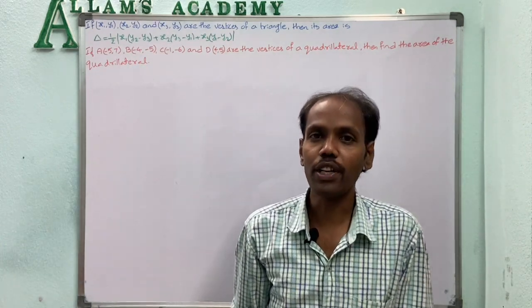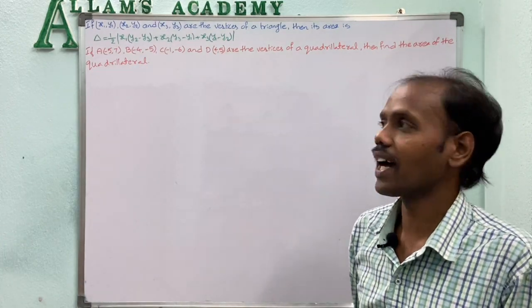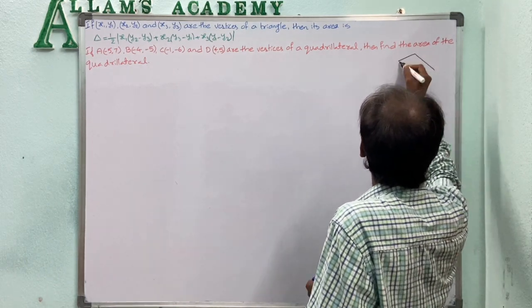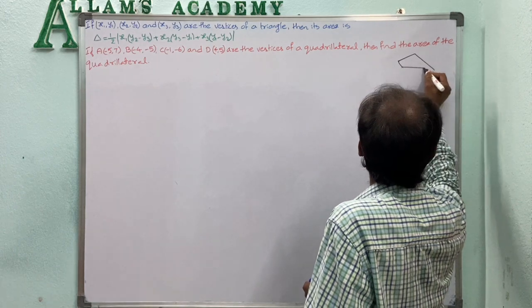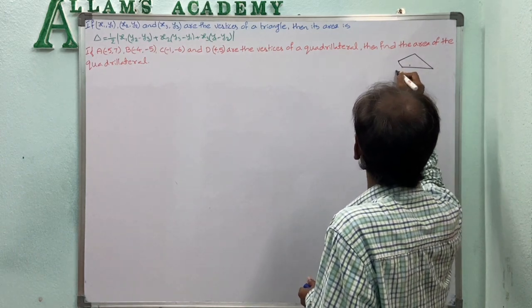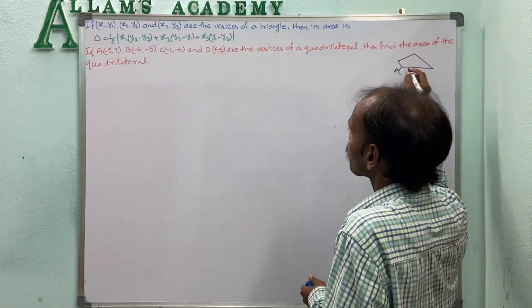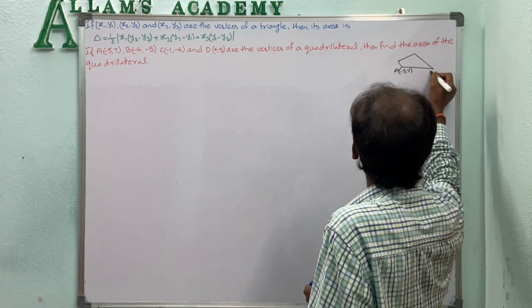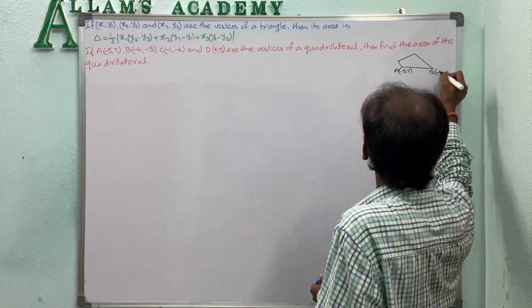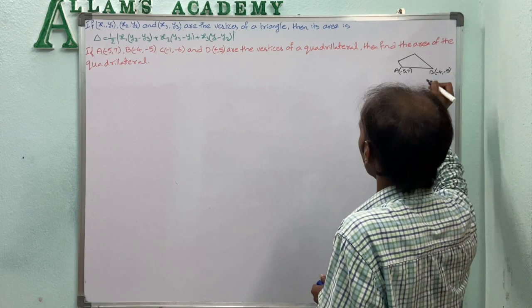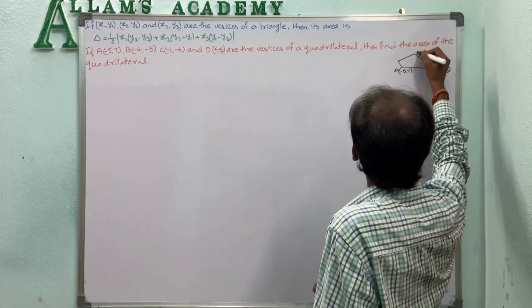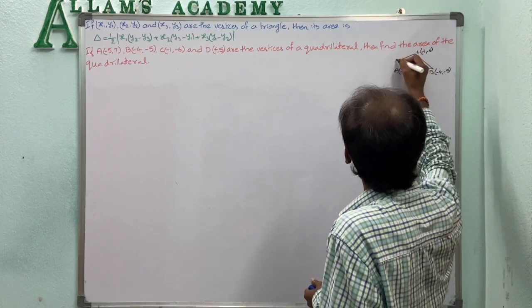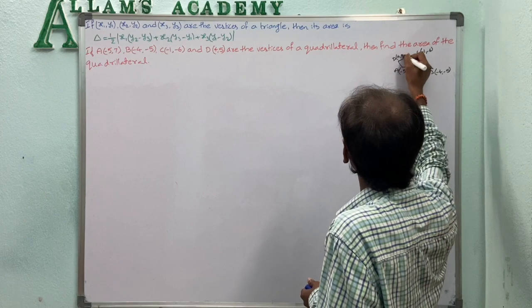So here, by using these points, if we draw a quadrilateral, the vertices are A(-5, 7), B(-4, -5), C(-1, -6), D(4, 5).